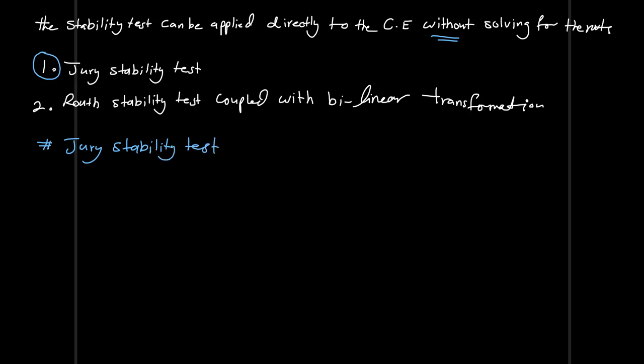And to do so, let's assume that we have the following characteristic equation, Q of z, which can be written as a_n z to the power n plus a_(n-1) z^(n-1) plus and so on, plus a1 z plus a0 equal to 0, is my characteristic equation.